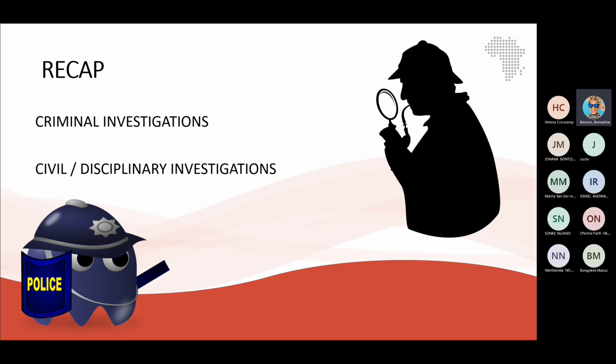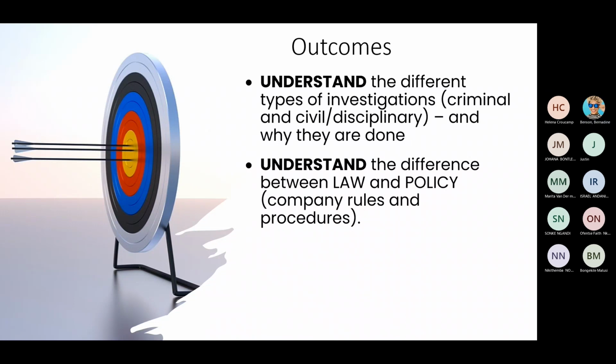Then we deal with forensic or civil disciplinary investigations. These are framed by either company policy, usually on misconduct, and it's usually done by your corporate investigator, your in-house investigator, your risk manager, or a private forensic investigator. And the standard of proof is on a balance of probabilities.